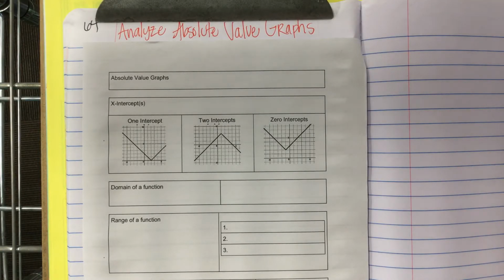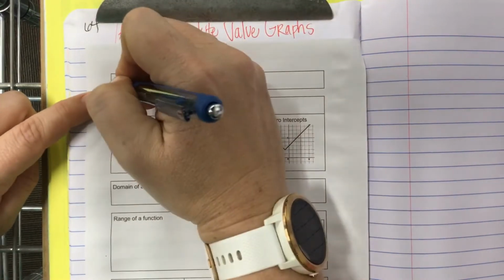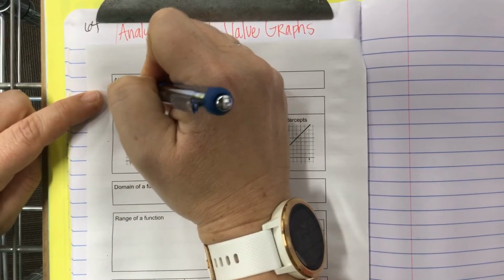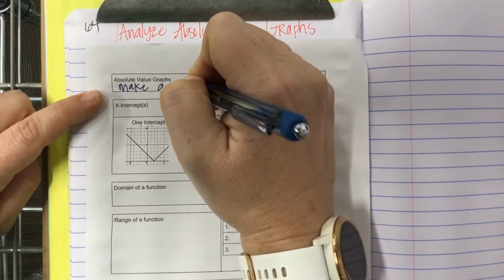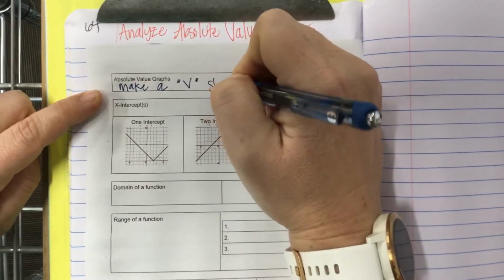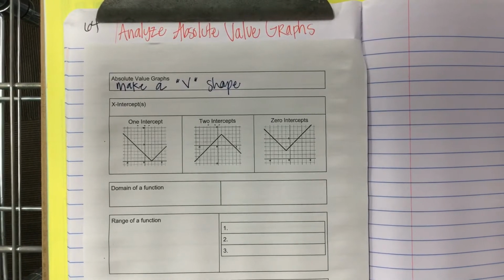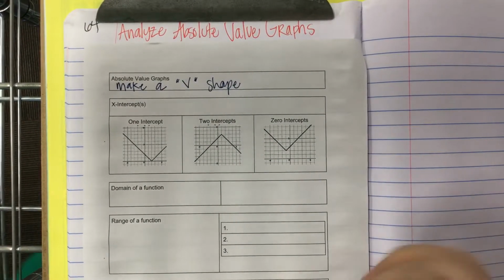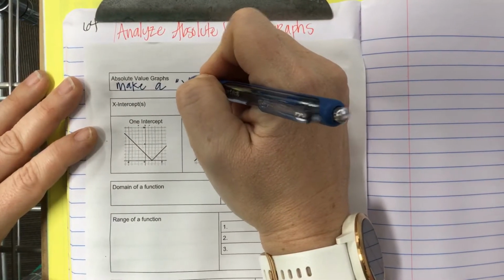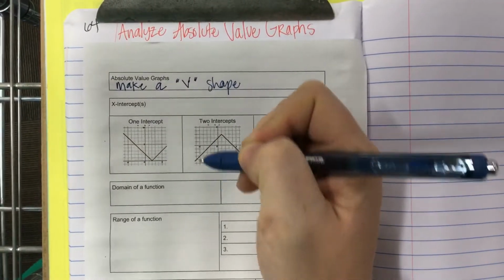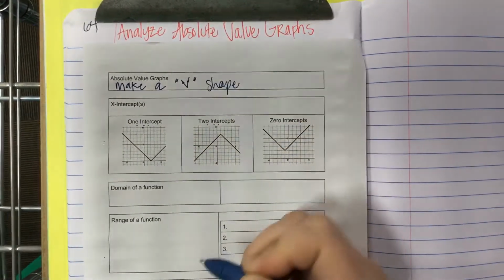So absolute value graphs make a V shape, right? Because an absolute value has two answers most of the time. It has one answer over here for the positive and one answer over here for the negative, right?